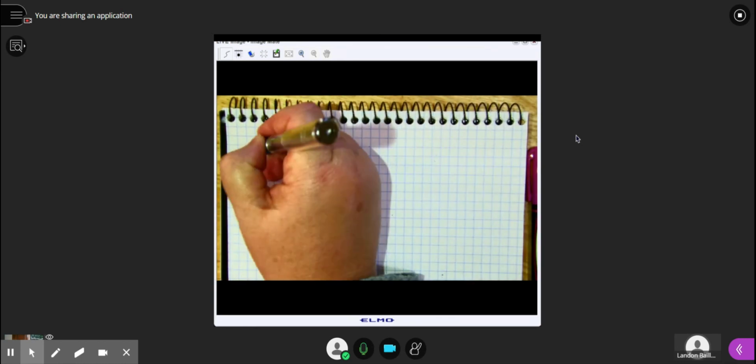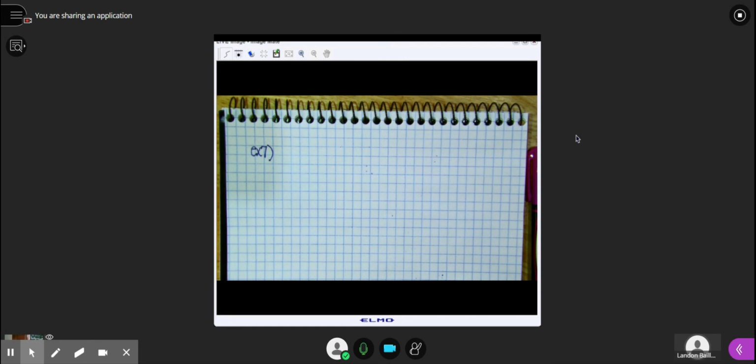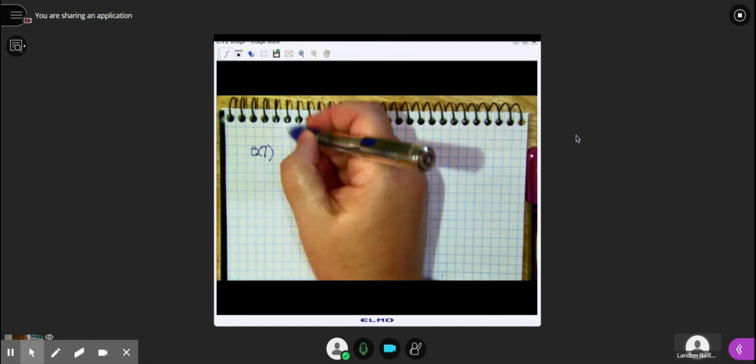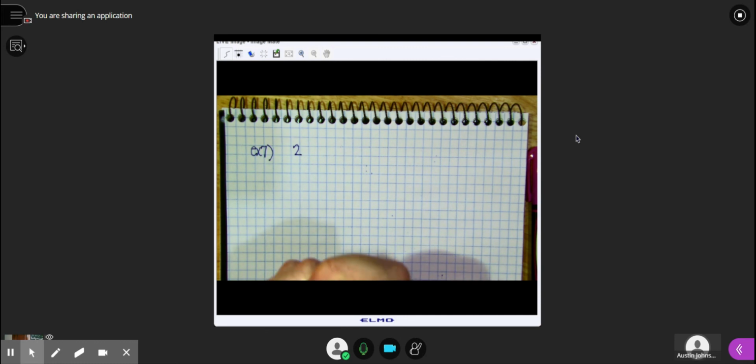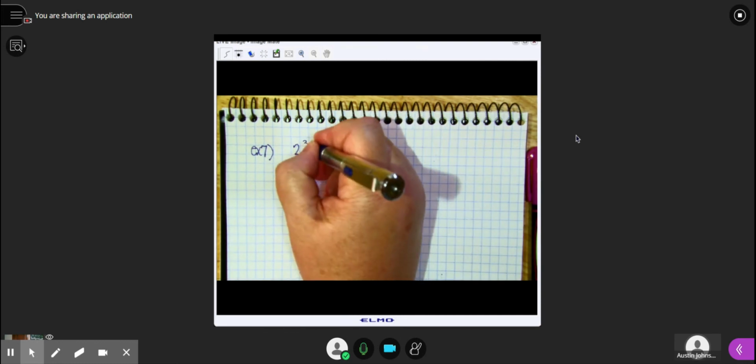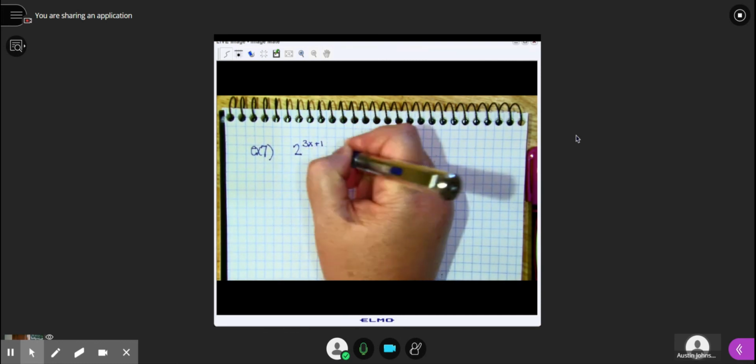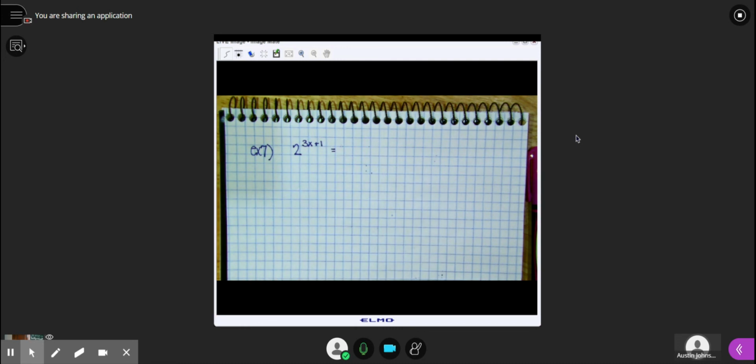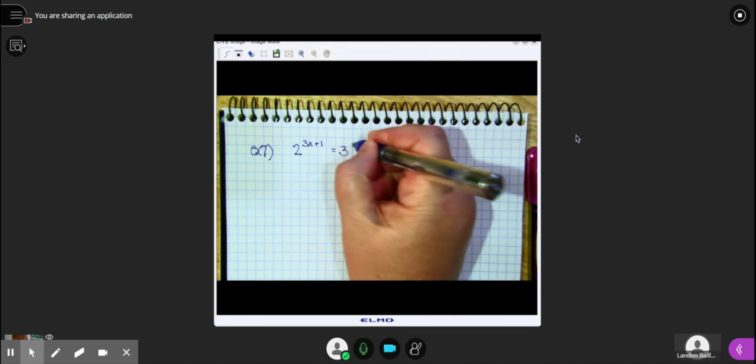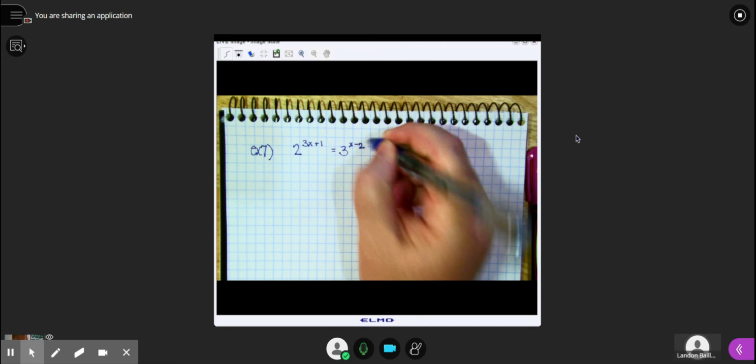All right, let's see if we can get one more in here. All right, so let's try one more. We're going to try and solve 2 to the 3x plus 1 is equal to 3 to the x minus 2.